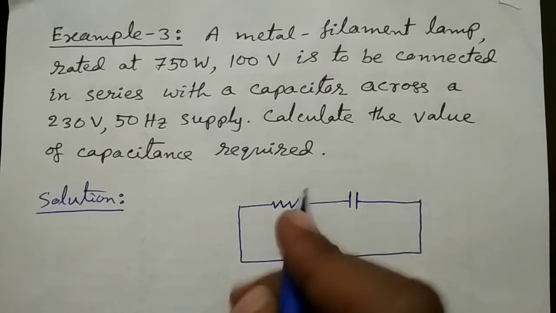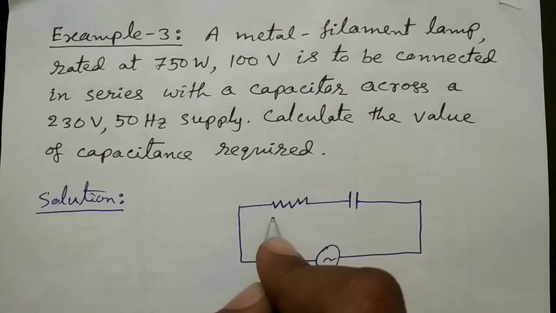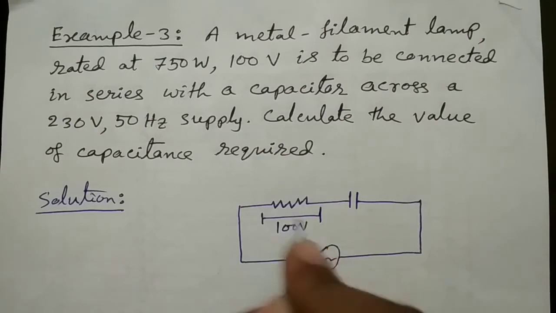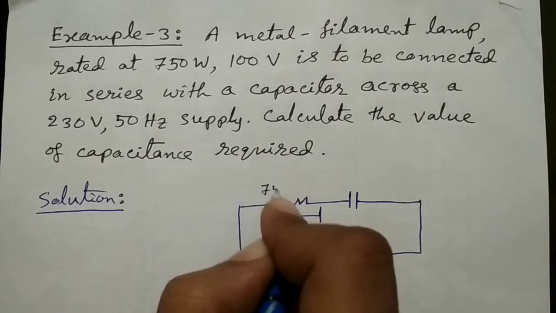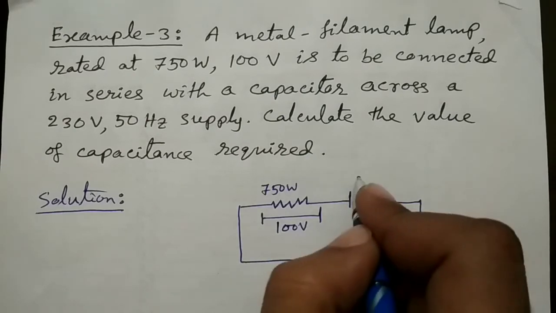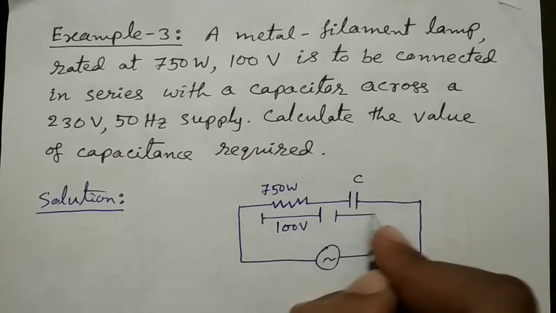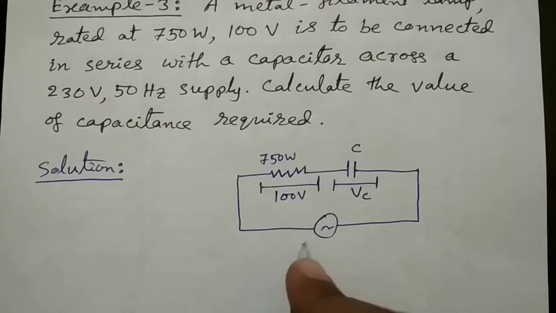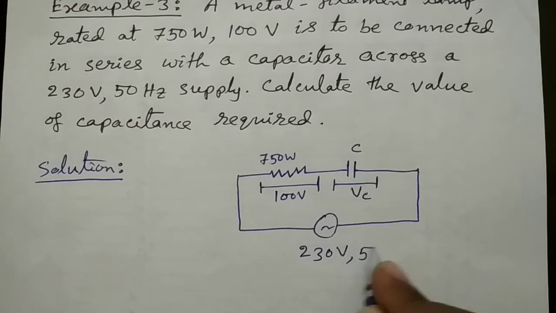The filament lamp means the pure resistive part, and the voltage across it will be 100 volt. It is a 750 watt bulb. This is the capacitance, and let's say the voltage drop across the capacitance is Vc. The supply voltage is 230 volt 50 Hz.